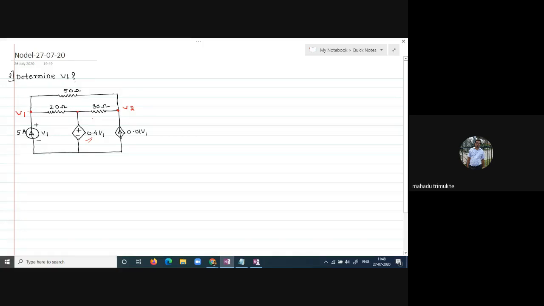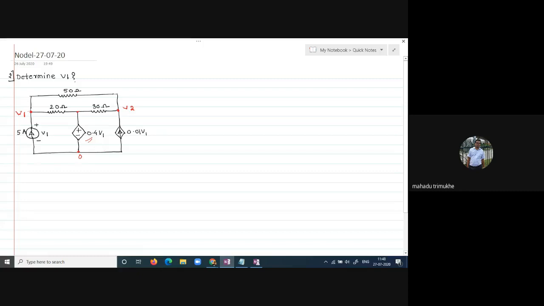Okay, the voltage across the 5 ampere current source is given to be V1, which is the voltage at node 1 with respect to the reference node, O here.